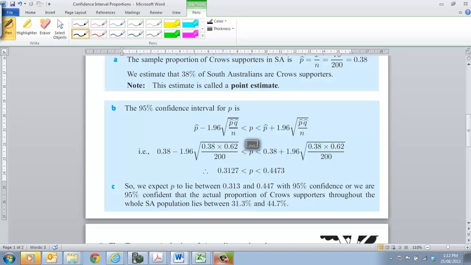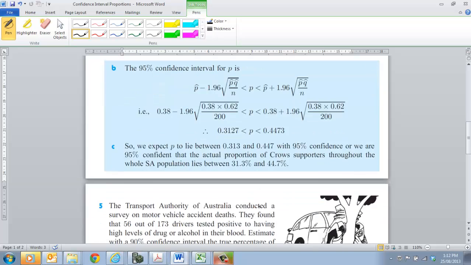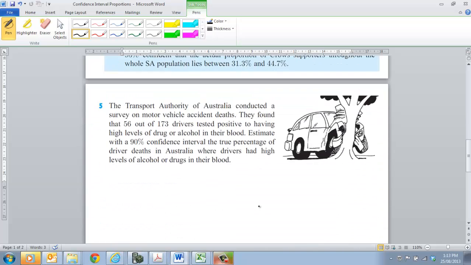We put that into our calculator, and I'll show you how to do that later on. We get a proportion between 31.27% and 44.76%. So what that means is the true proportion of people in South Australia who support the Crows, with a 95% confidence interval, is somewhere between 31.3% and 44.7%. Okay, so that's the idea of what we're doing there.